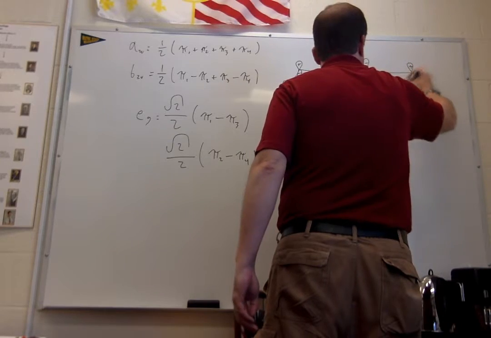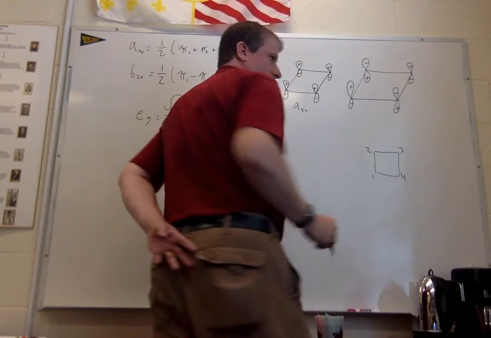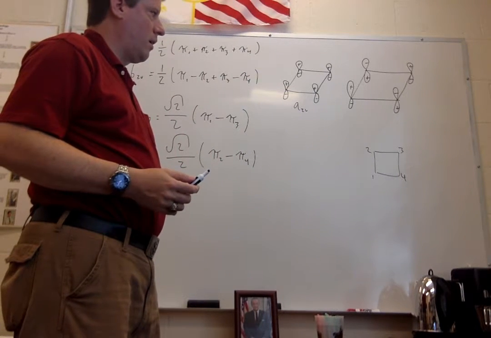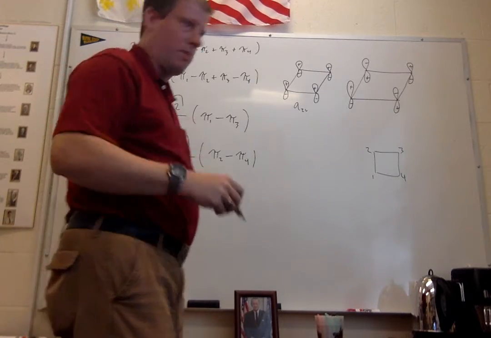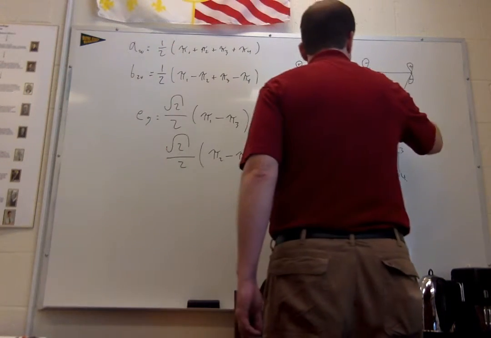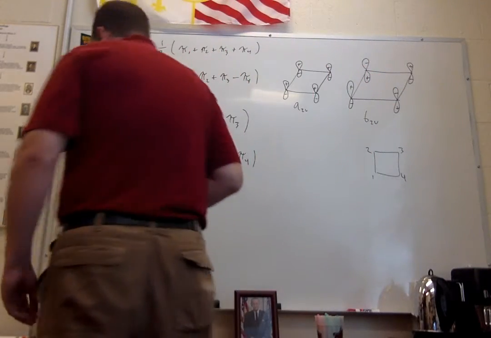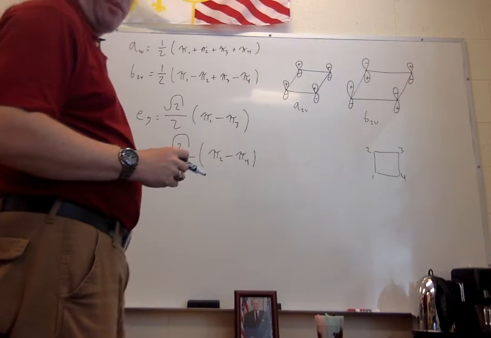Since 3 is positive and 4 is negative, this lobe and that lobe, the upper lobes on atoms 2 and 4, are flipped upside down. Okay? And finally, this set transforms as a pair.